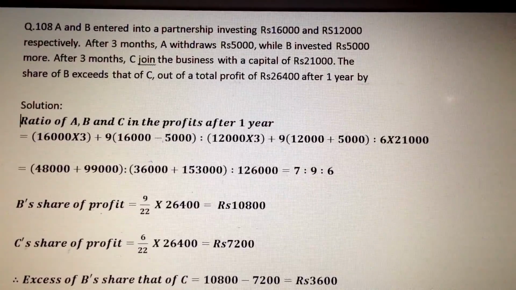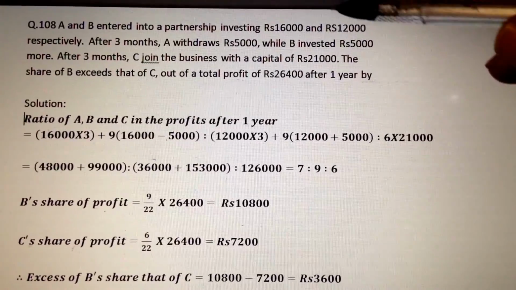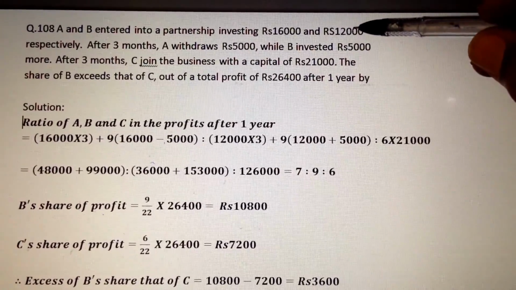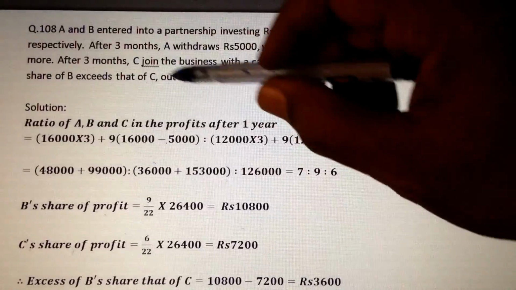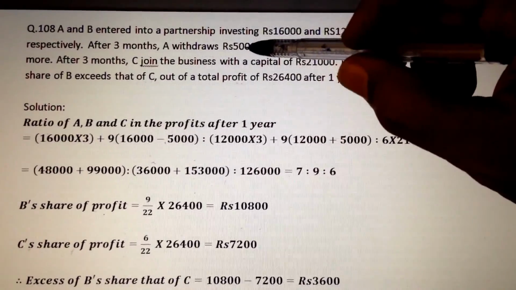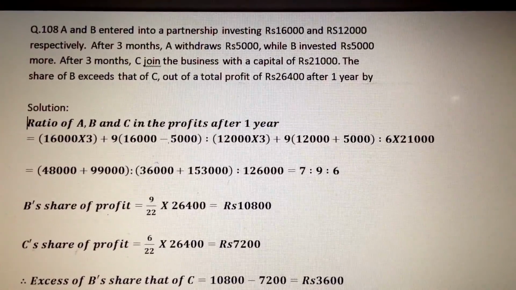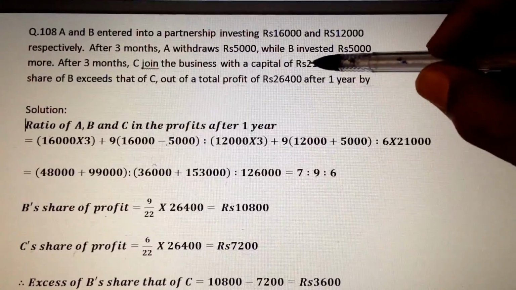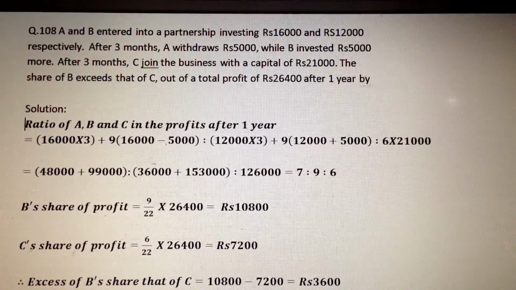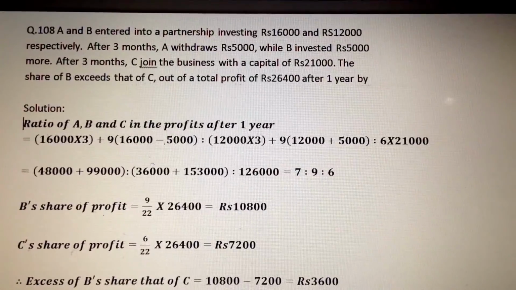Similarly, B's investment is 12,000 rupees for the first 3 months and 12,000 plus 5,000, 17,000 rupees for the next 9 months. And C's investment is 21,000 rupees for 6 months. This is the investment part.